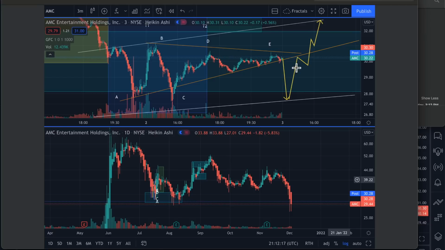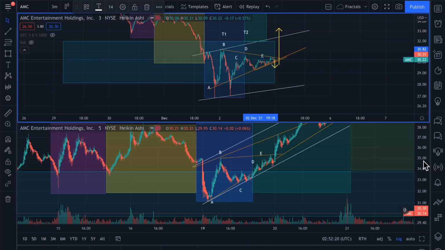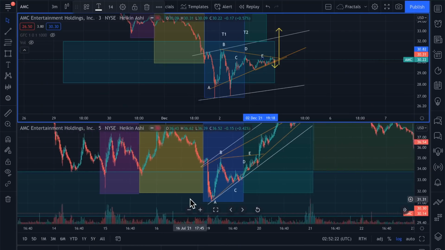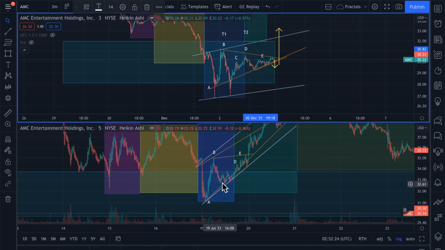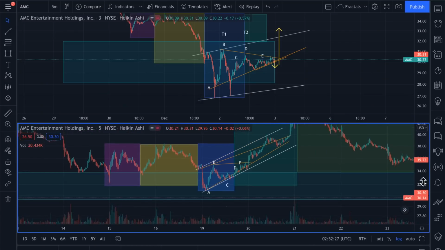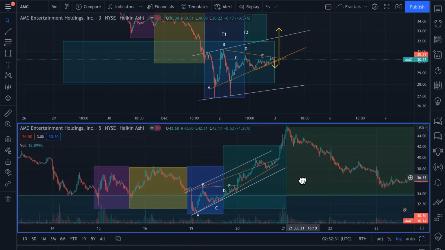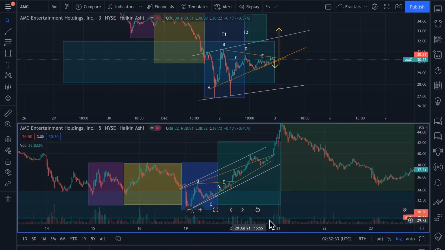And if you look at the R1 fractal, or I keep saying R1, if you look at the B4 fractal, which is the one we were talking about, what happens in this fractal after this section? Well, it runs, it goes up. It's a liquidity test, essentially. It's a buying opportunity.